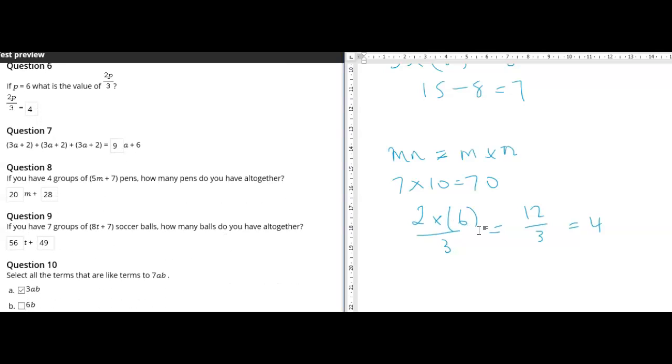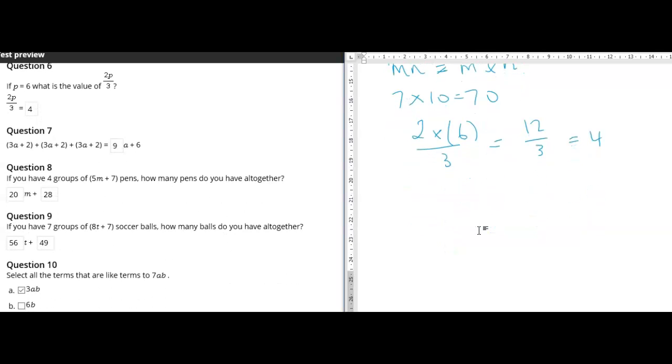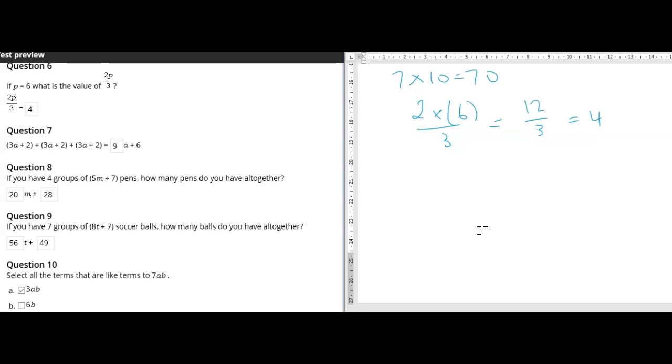All right, question 7, 3a plus 2 plus 3a plus 2 plus 3a plus 2. So we don't really need those brackets there. Okay, they don't really affect anything. So if you wanted to, you can get rid of the brackets. So I'm just rewriting everything. So we've got to group our like terms.